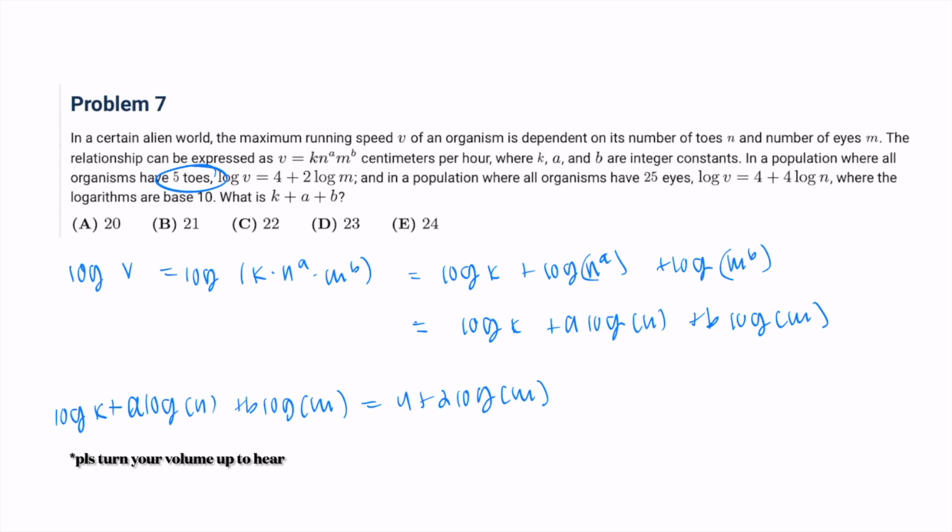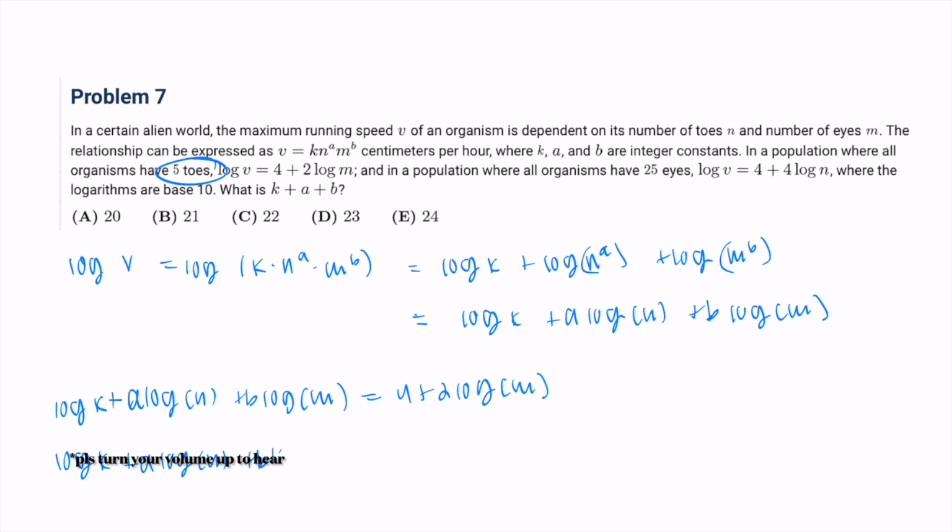And similarly, if we focus on just when all organisms have 25 eyes, we should have that log k plus a log n plus b log m equals 4 plus 4 log n.